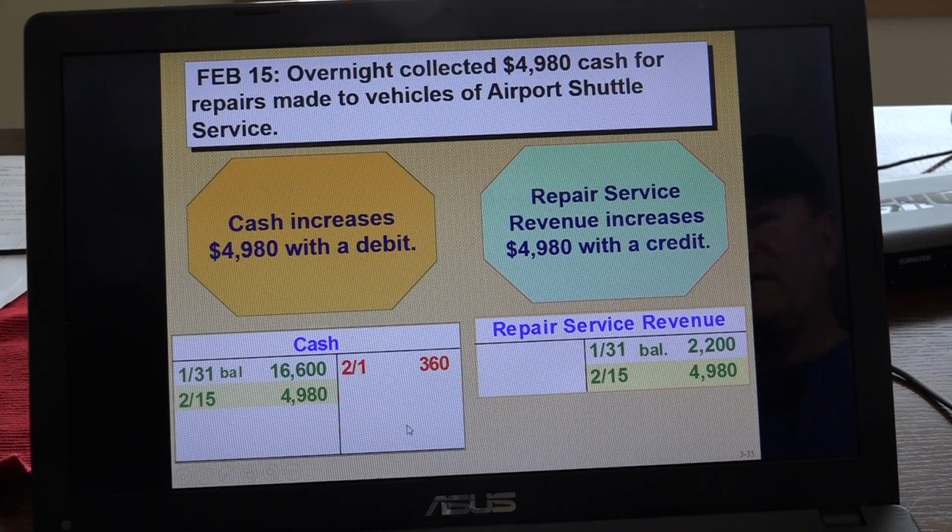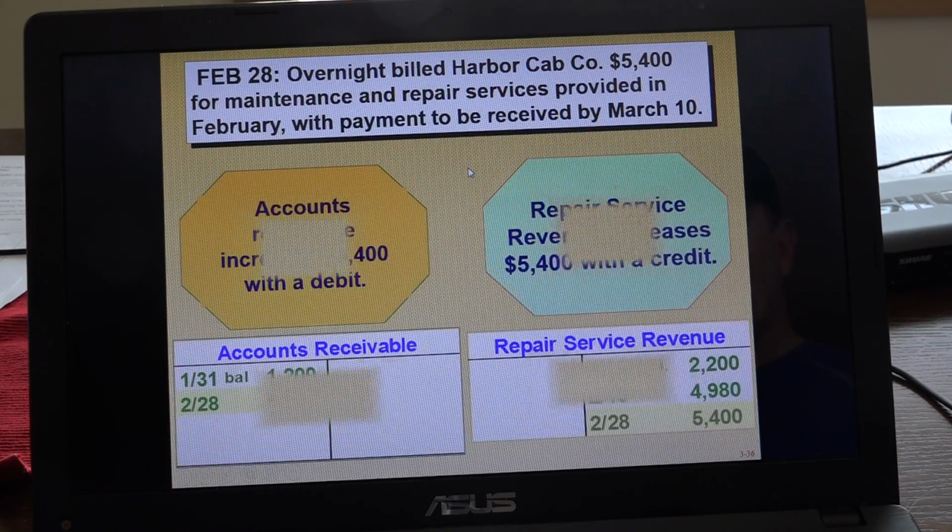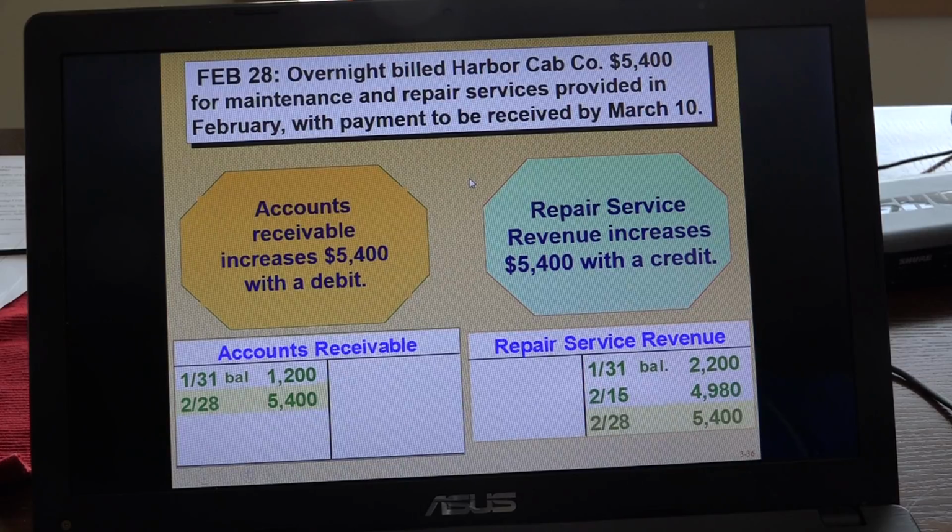Overnight collected $4,980 for repairs made on vehicles of airport shuttle service. So we debit cash for $4,980 and we credit repair service revenue, which increases owner's equity, right? On the 28th, we billed Harbor Cab Company $5,400 for maintenance and repair services provided in February, with payment to be received by March 10.